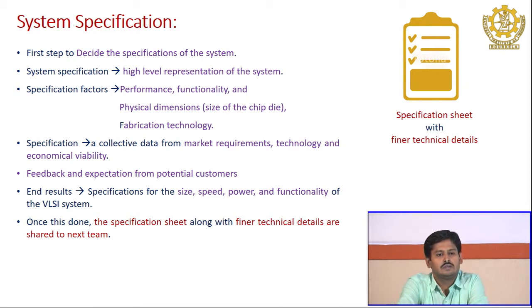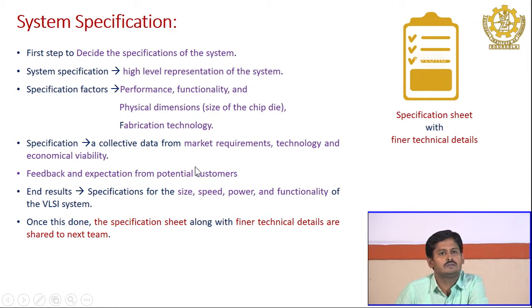So, now specifications are collective data from market requirements, technology and also economic viability. That means depending upon the last experience of the user, feedback and expectations from the potential customers are taken. Okay.